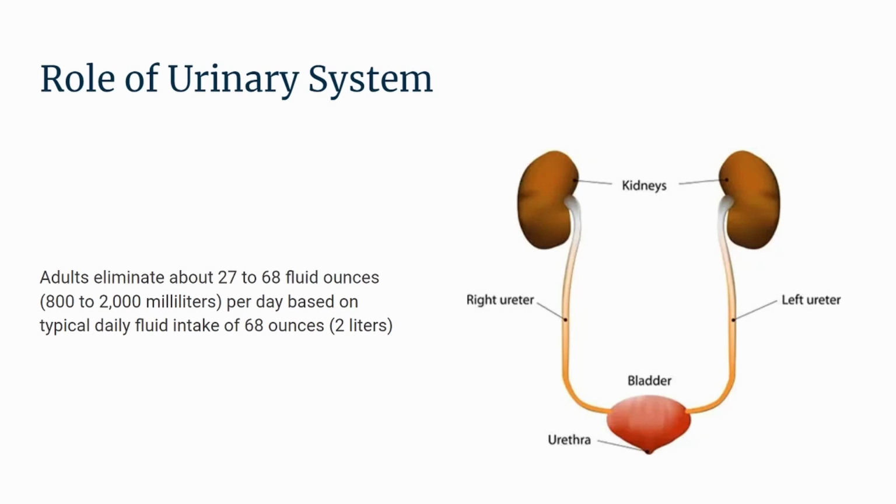So, the main question would be, why are these roles so important? The reason why the kidneys and the urinary system are so important is because without them, there would be no way for waste or extra fluid from the bloodstream and body to be removed.